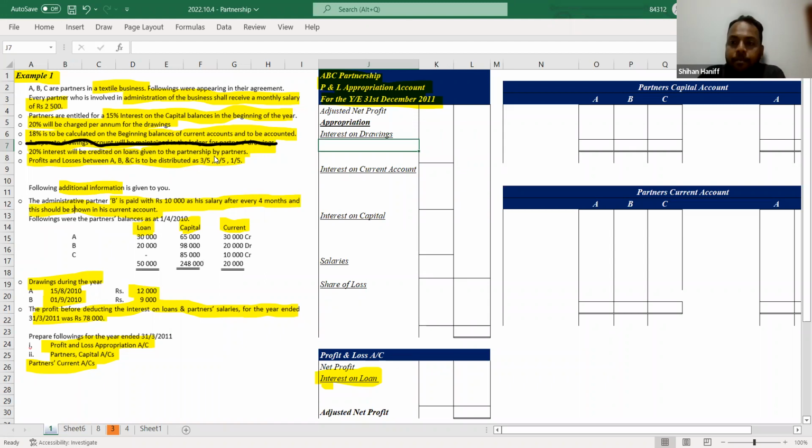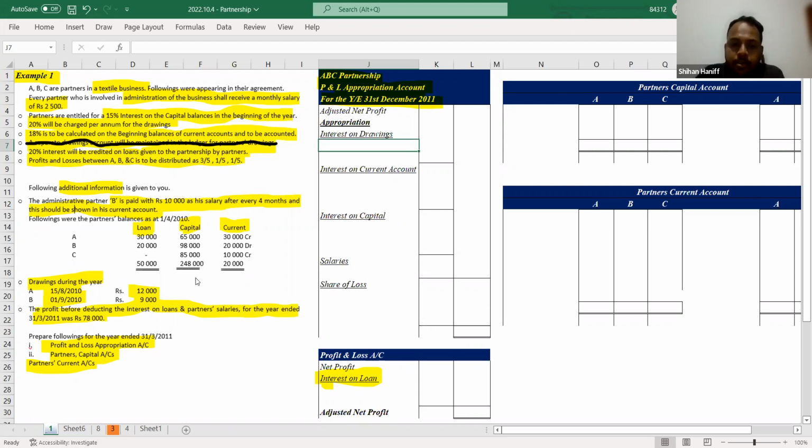If a partner has given a loan to the business, the business will have to pay interest. So that interest is not a profit appropriation. It is an expense to the partnership. Therefore, interest on loan given by partners goes to the profit and loss account, not to the appropriation account.